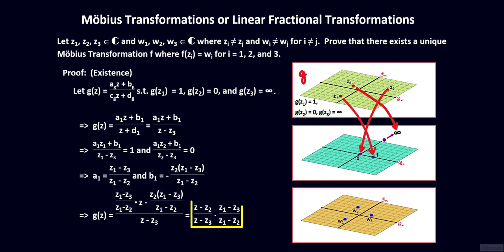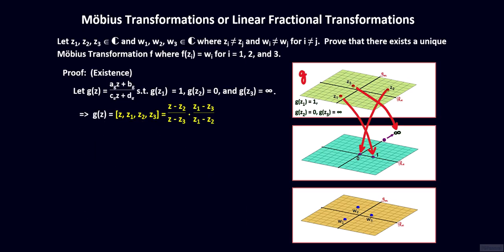This last quantity is called the cross ratio of z1, z2, and z3, and is often written as [z, z1, z2, z3]. And we have a cross ratio formulation for g(z).